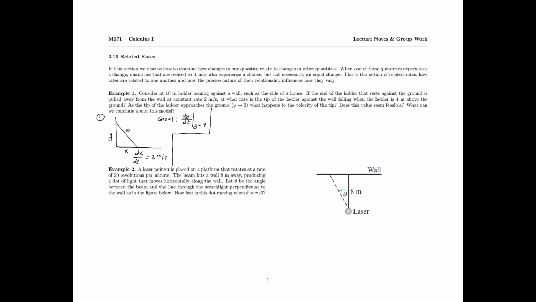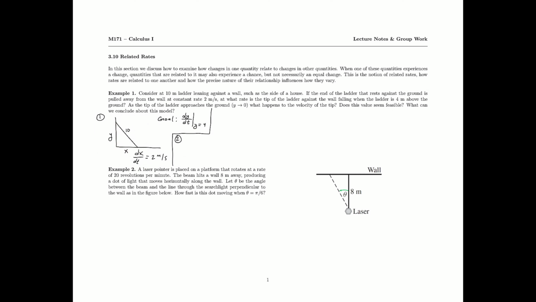So step 2 now, I would say, is to develop some sort of relationship between the quantities. Related rates means in every problem you'll be given a rate and you need to figure out some other rate. These rates are related. If this moves, then this moves.